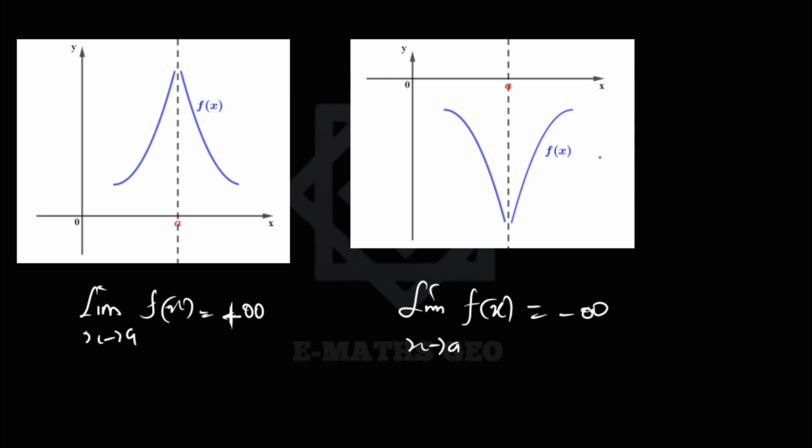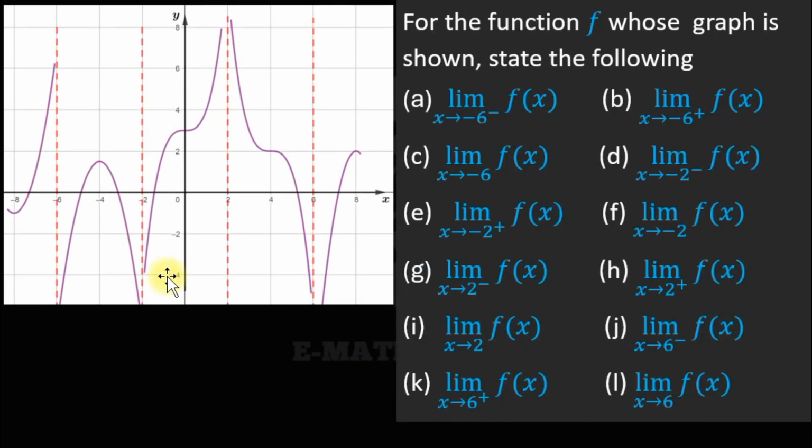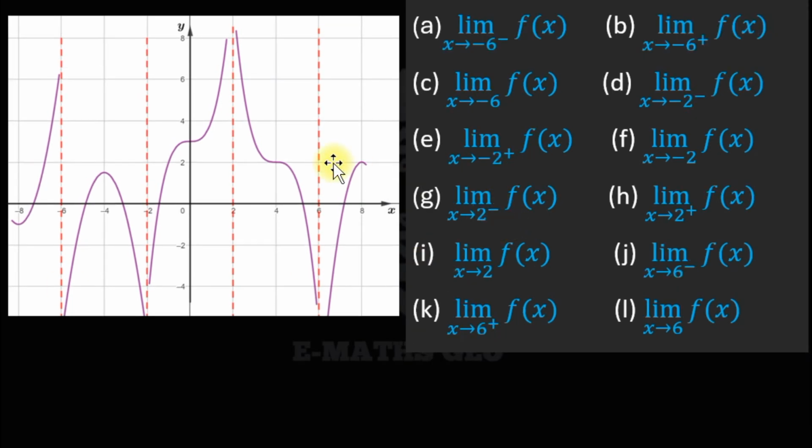So let's look at this question. For the function f whose graph is shown, state the following limits. Let me just use another page. We're starting with the limit of f of x as x tends to -6 from the left.